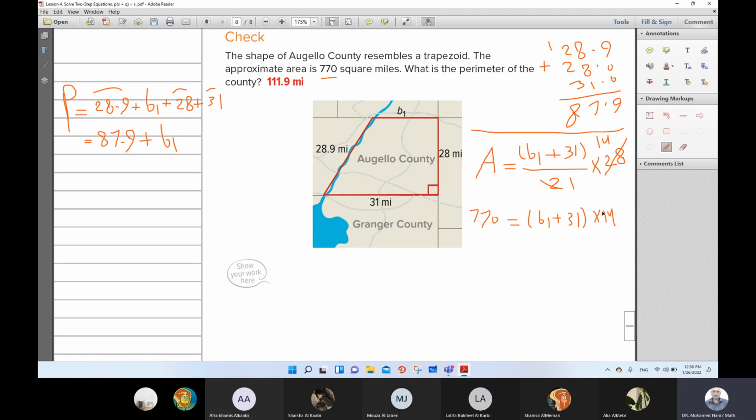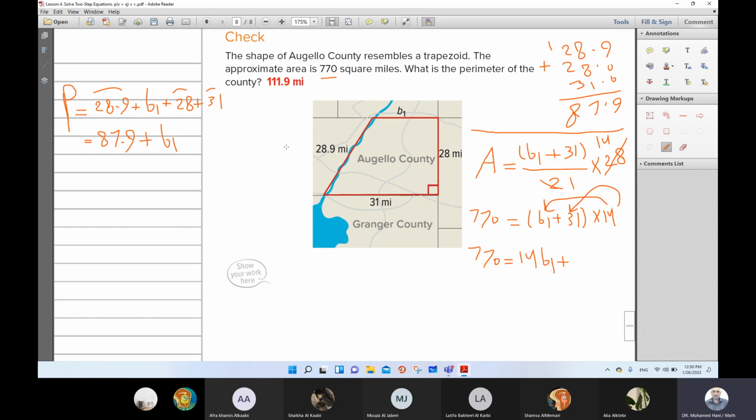We can use distributive property here. In the first side we have 770. In the second side we have 14 times b1 will be 14 b1 plus 14 times 31.